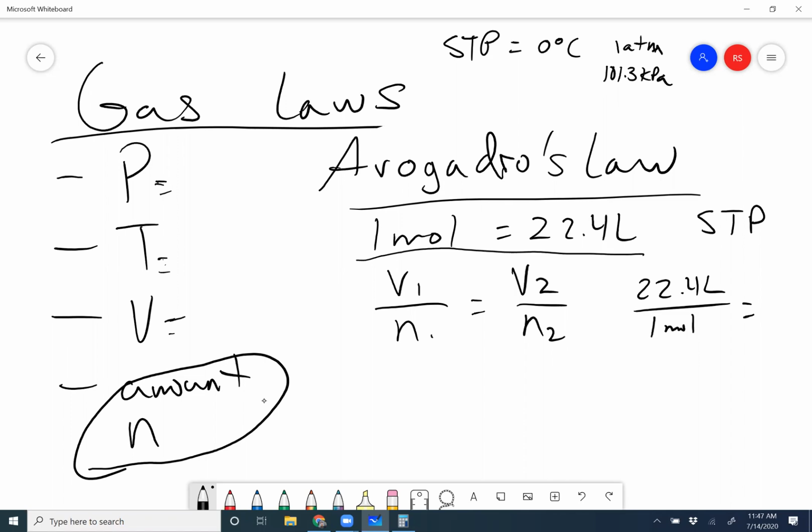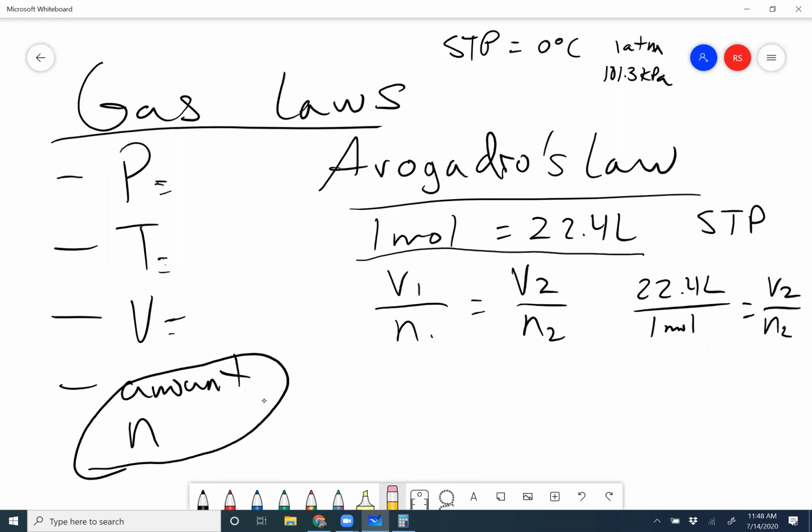So if you wanted to know the volume of something, you could just simply measure the amount of something. And then it was through his work that he was able to figure out how the mole equaled grams using that molar mass. So Avogadro's work with gases is what led us to understanding the link between subatomic particles and mass.